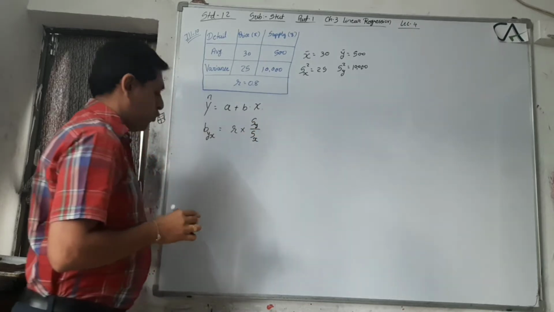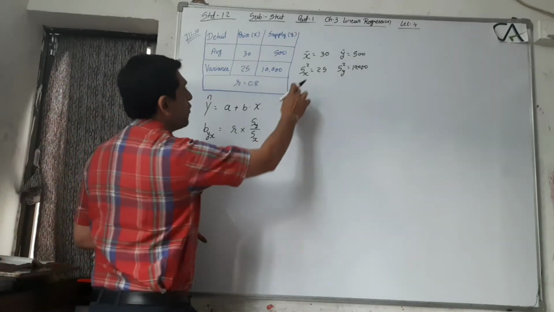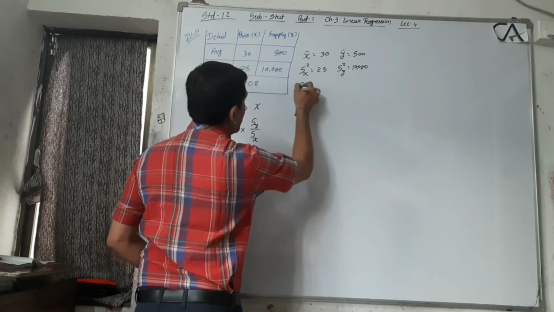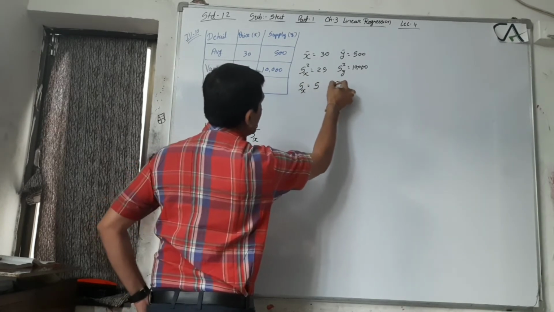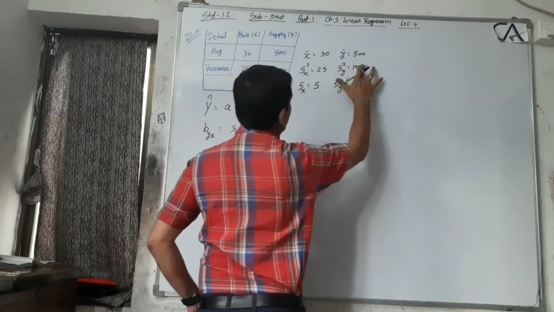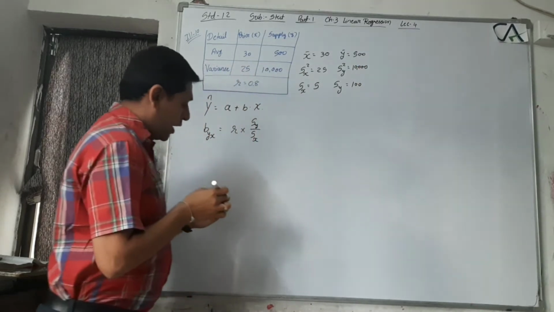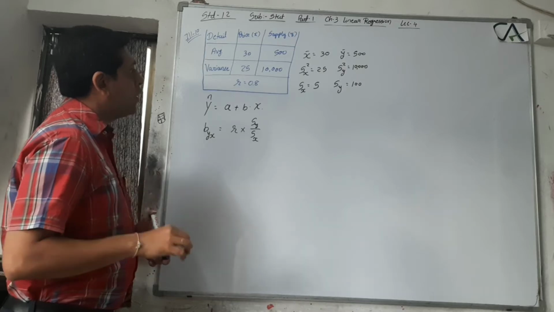So first of all, we have to find out the standard deviation of X and the standard deviation of Y from the variance of X and variance of Y. So what is the Sx? That is the square root of this, that is 5, and the square root of this is 100. Standard deviation of X is equal to 5 and standard deviation of Y is equal to 100.